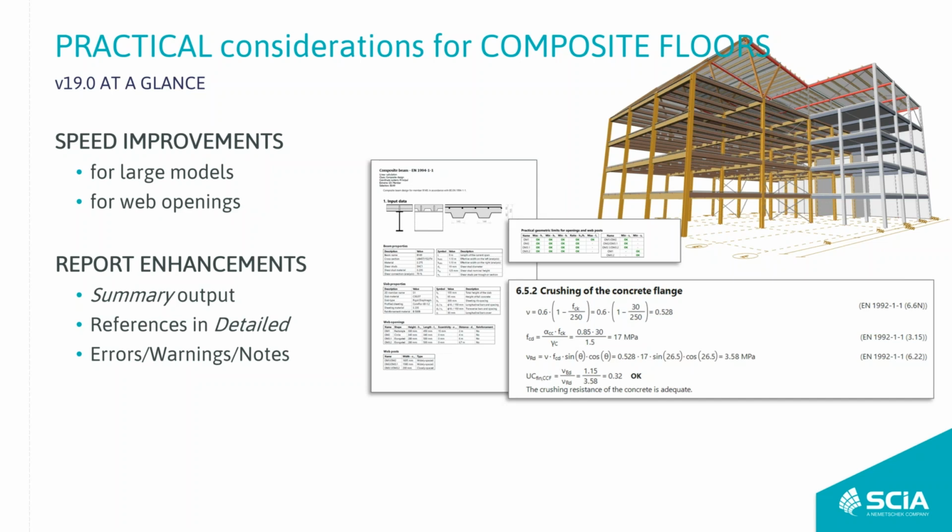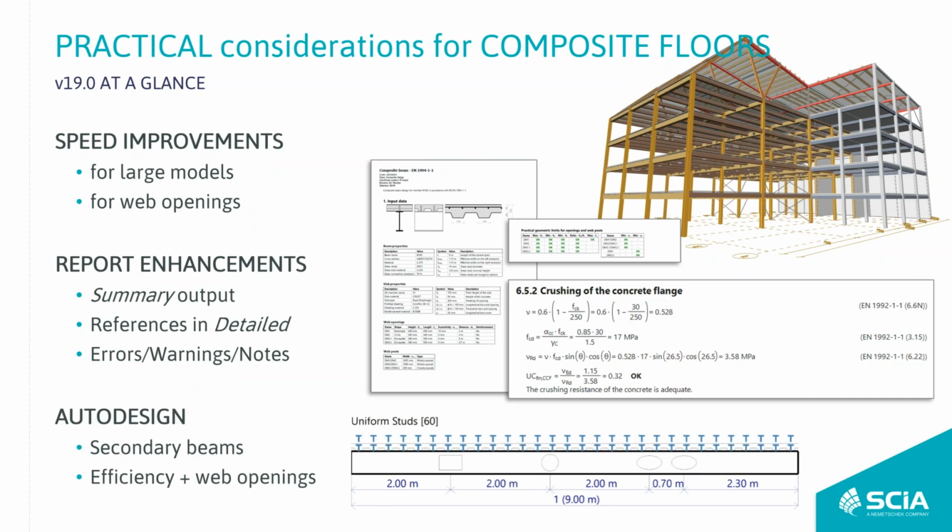We also added a system of error, warning and notes, which can help you during the task which you have to accomplish during the design of composite floors. And one of the biggest enhancements in version 19 is the auto design related to the secondary beams and also efficiency and web openings.